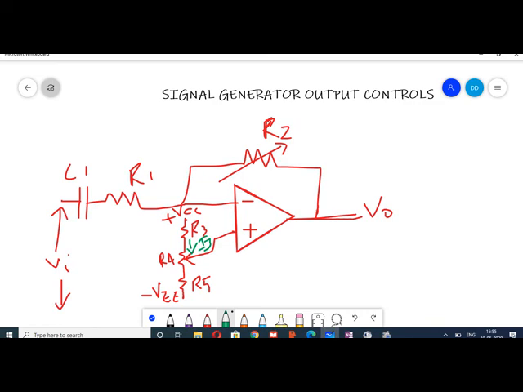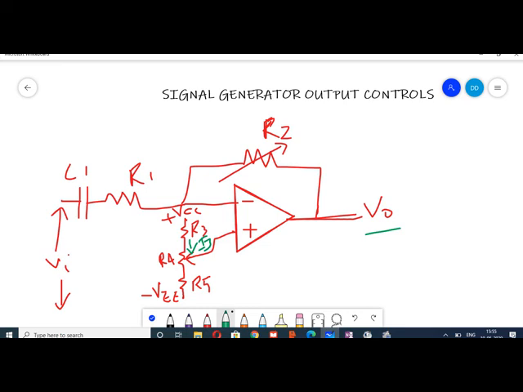So all the signal generators, whether we generate a triangular wave or a rectangular wave or a pulse, need to have a control for adjusting both the output amplitude as well as to alter the DC voltage level of the output. So output amplitude, we can control it easily by varying the gain of this particular amplifier.